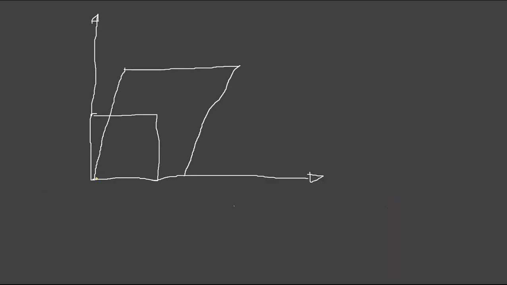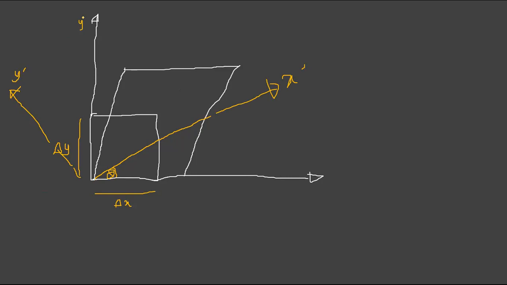Let's say a plane in this direction, theta. So this is delta x, this is delta y, the original length, right? So let's call this x dash axis and the perpendicular axis y dash. This is x and y.